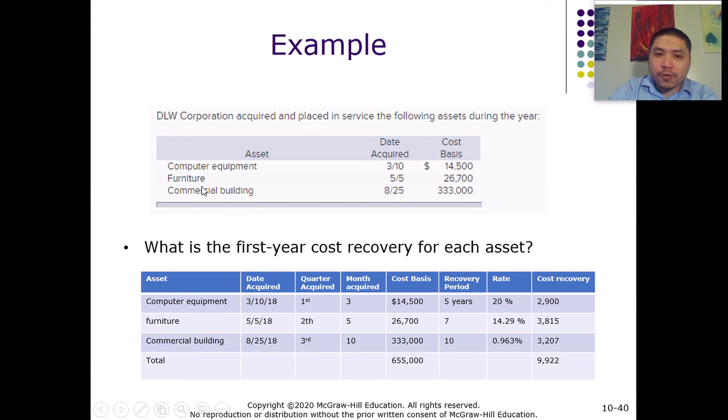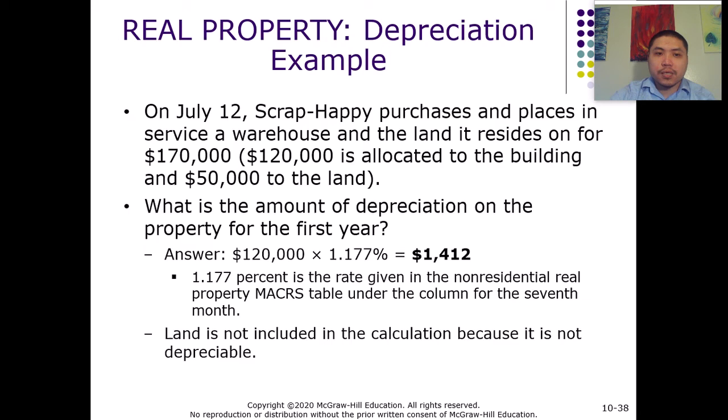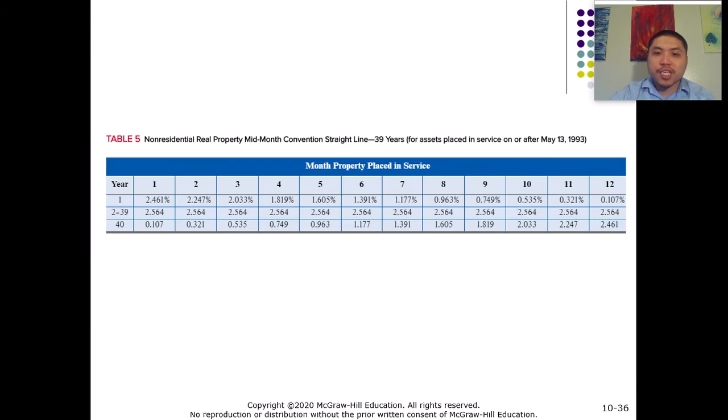So what about the building, which is commercial property, non-residential property, right? Because this building is a non-residential building and is placed into service after 1993, we use this table. The recovery period is going to be 39 years.